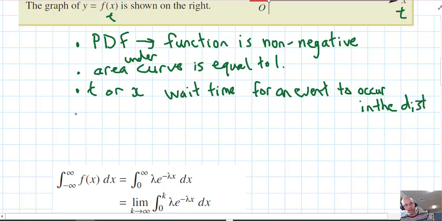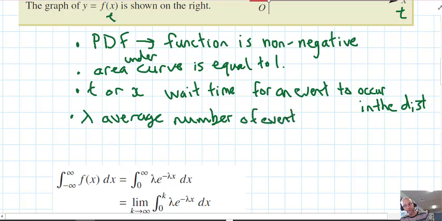And lambda, it's an average. So lambda is the average number of events in a time period. So depending on what the unit of time you're using, if it is to do with time, and often it is.